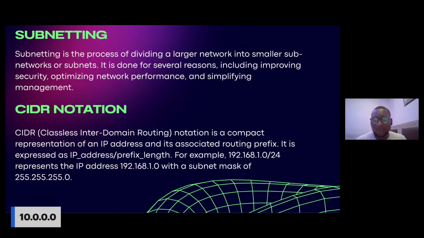So CIDR basically means classless inter-domain routing notation, a compact representation of an IP address and its associated routing prefix. It is expressed as the IP address slash prefix length, and that prefix length is the CIDR block.